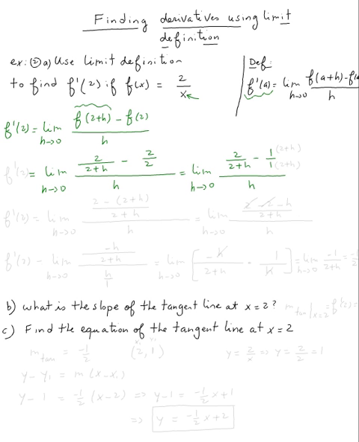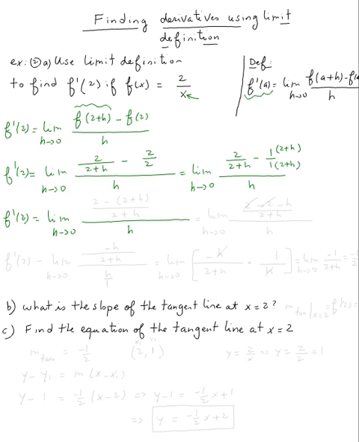Now we need to do a common denominator. The common denominator of 2 plus h and 1 is 2 plus h. So I'm going to multiply the bottom by 2 plus h and the top by 2 plus h. So f prime of 2 is equal to the limit as h approaches 0.